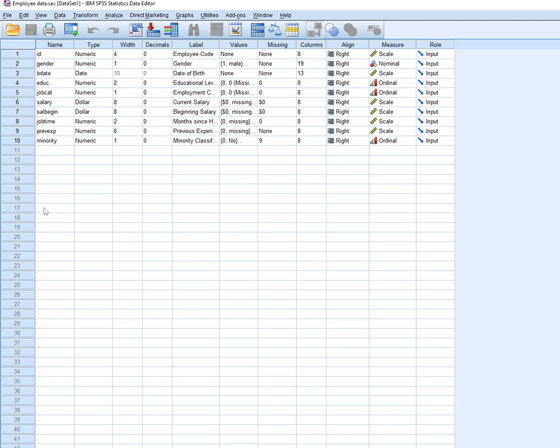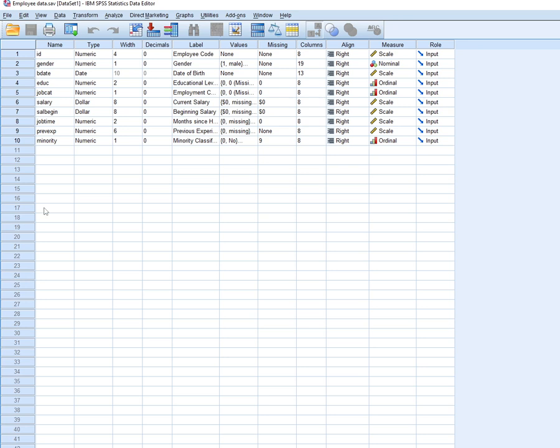So first, let's follow the same procedure. We said you look at the structure of your data and then you decide on the test statistic. So we have identified that the test statistic that we're about to do is independent sample t-test, and with independent sample t-test you're basically comparing means.